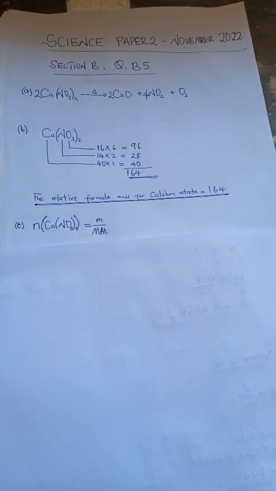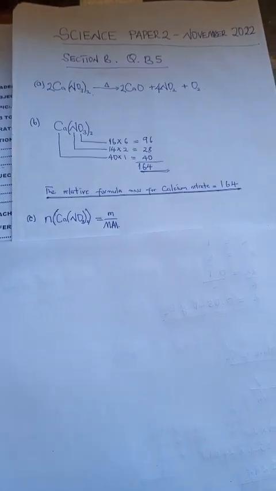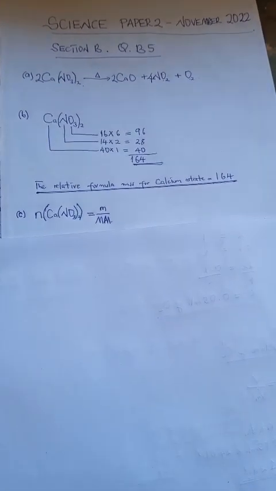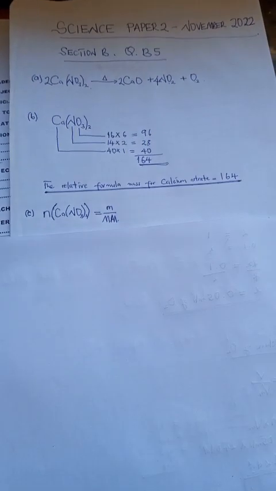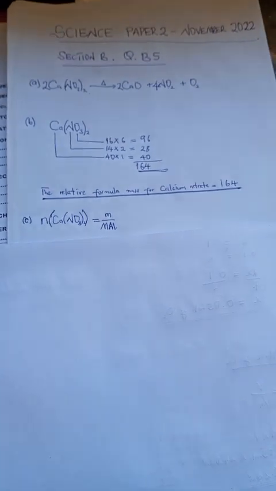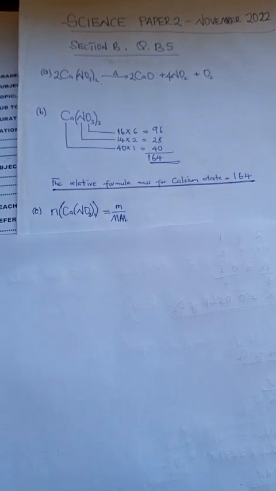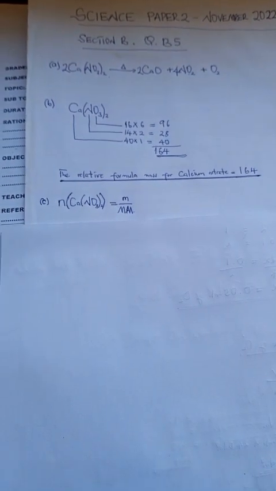Remember, the mass that we've been given is extremely important for us to calculate the volume of oxygen. We need first to use that mass to calculate the number of moles of calcium nitrate. And after that, we're going to use the mole ratio to find the number of moles of oxygen, and use those moles of oxygen to calculate the volume of oxygen. Please pay attention to that.